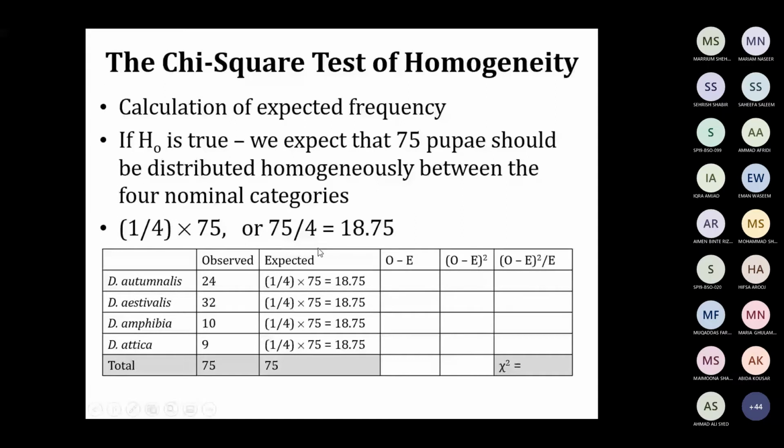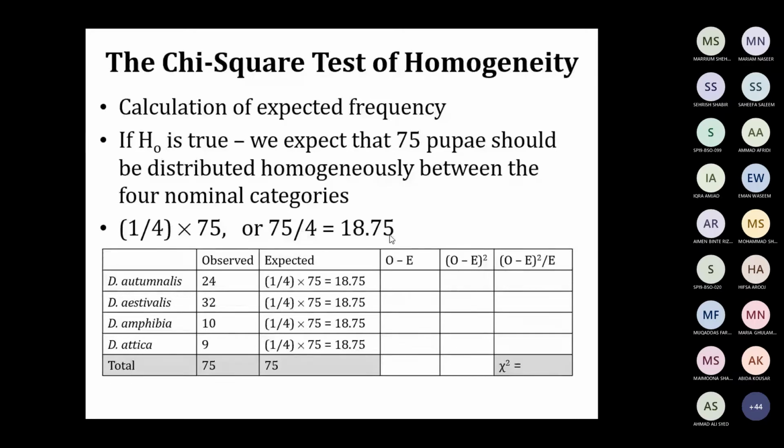Yes, ma'am. Okay. So now we are done with our third step. The first step was to choose the type of the chi-square test. Second step, to state the null and alternative hypothesis. Third step was to calculate the expected frequencies. And now we have to calculate the chi-square value.